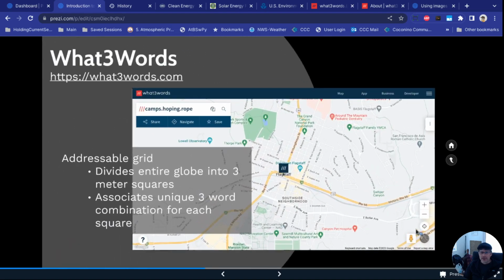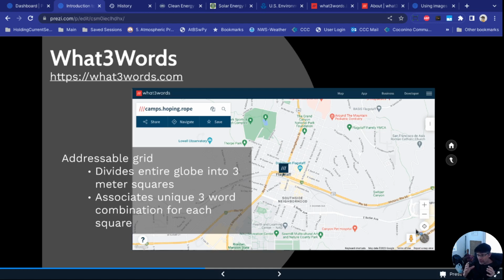There are other ways that we can establish a method of location throughout the world. One is the latitude and longitude that we talked about before, but another one that's recently come out is called What Three Words. What the program What Three Words has done is divide the entire globe into 3-meter squares. So it creates this addressable grid. And within a 3-meter square, it associates a 3-word combination for each square.